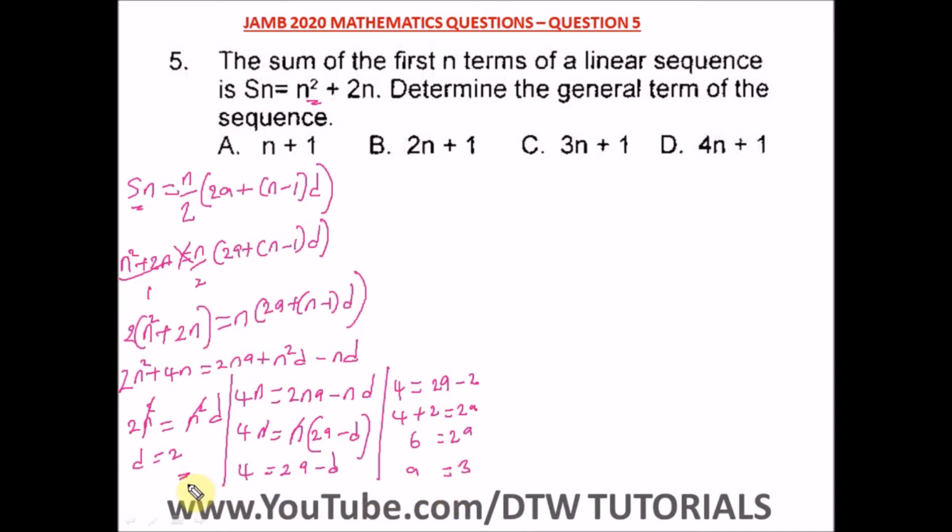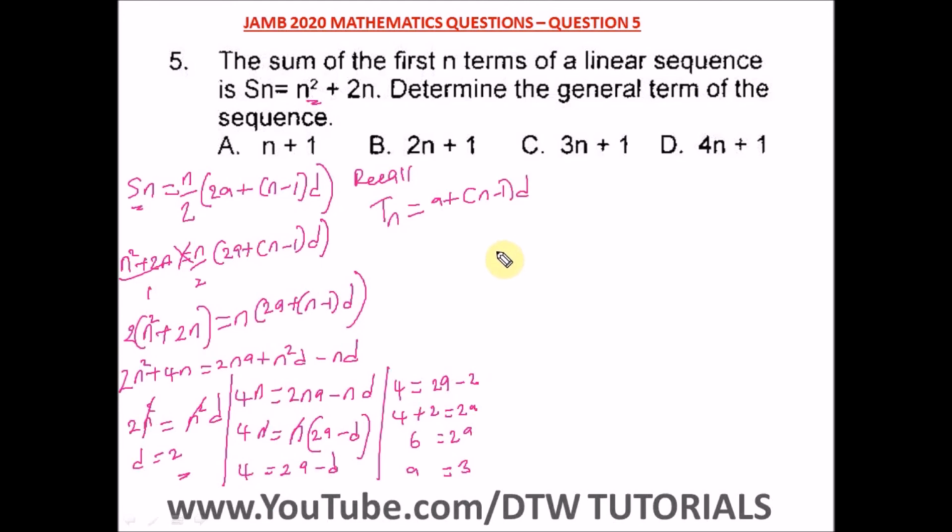So now we found our d, we found our a. Now I want us to recall that the formula for the nth term of an arithmetic sequence is tn equals a plus bracket n minus 1 bracket close d.